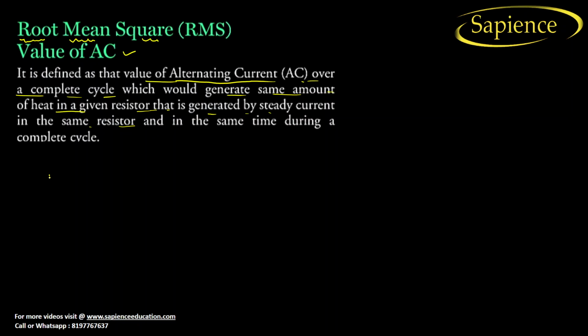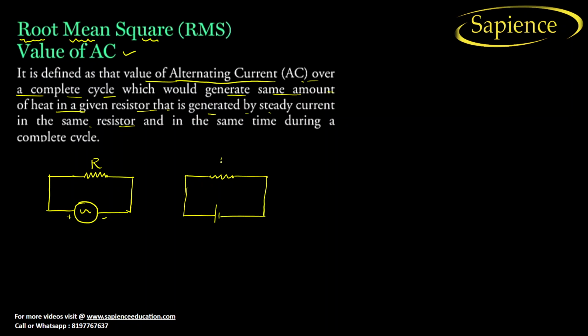Let us take a circuit like this. This is your circuit and this is your AC source, and there is a resistance. Another circuit is there, and this is a DC source, but the resistance is the same. This is positive and negative.